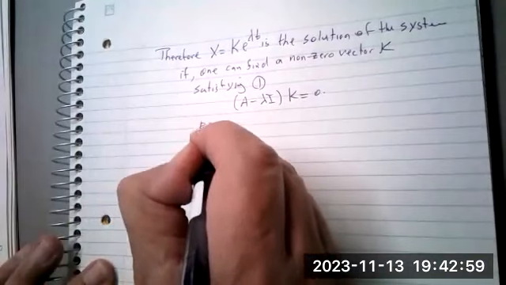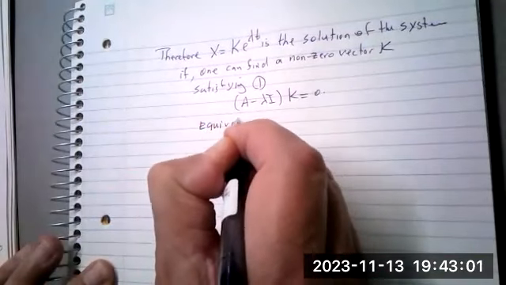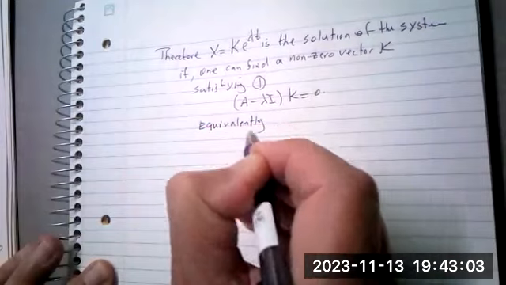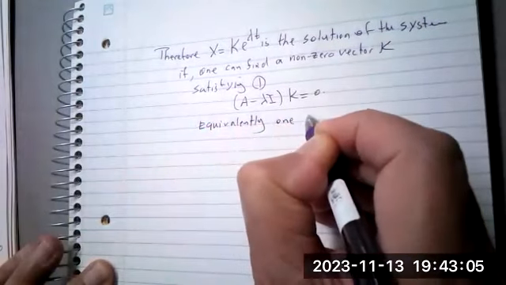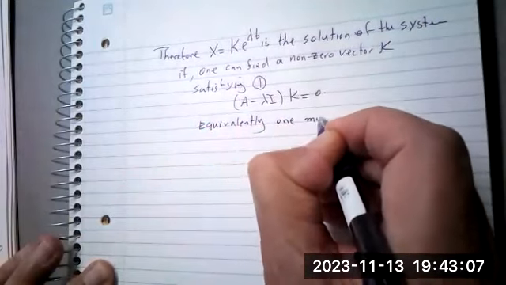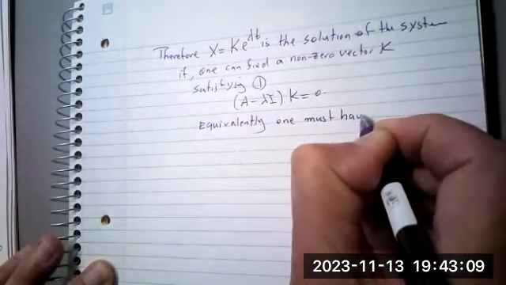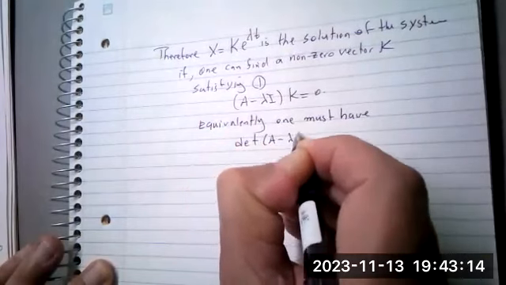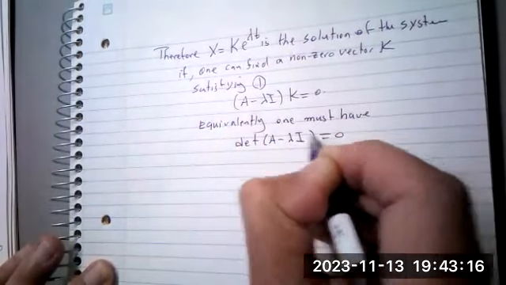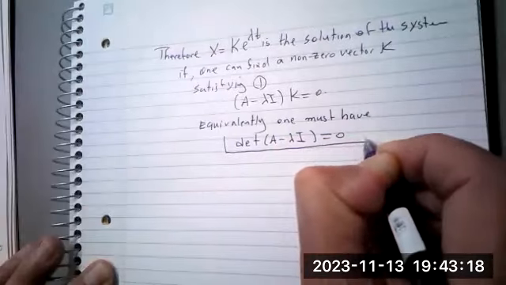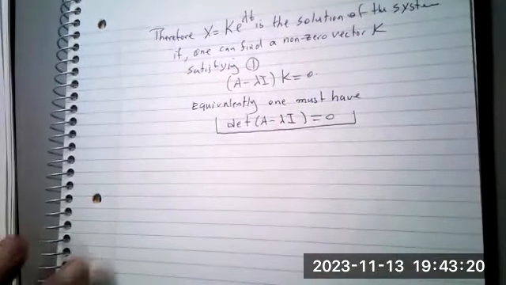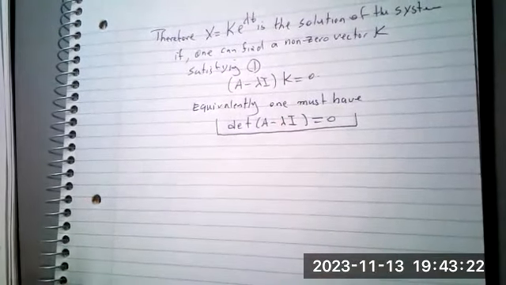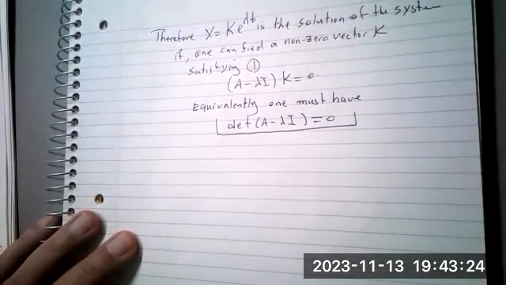Equivalently, one must have the determinant of A minus lambda I equal to 0. And that's exactly what we know, which is the same as saying lambda must be a characteristic value.